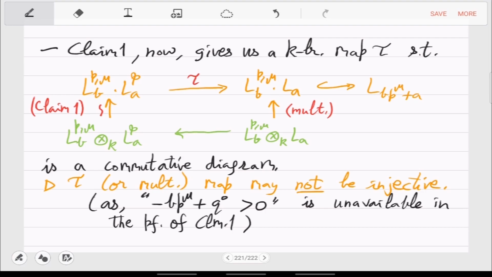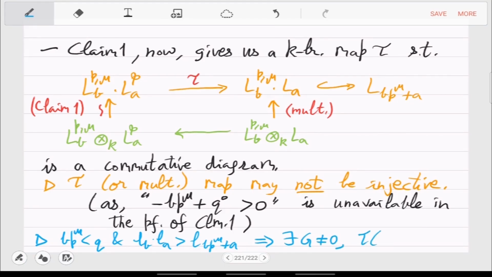So just observe that if we assume BP mu less than Q and we assume that LB LA is greater than L of BP mu plus A, then there exists a non-zero G such that tau G is 0.